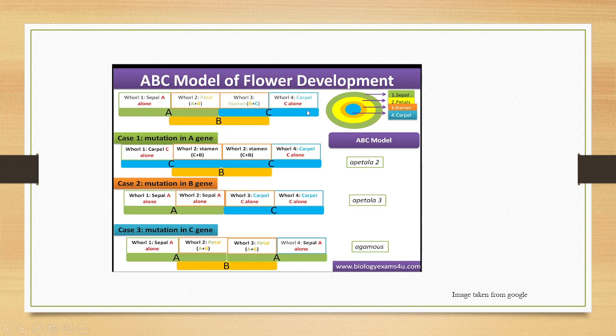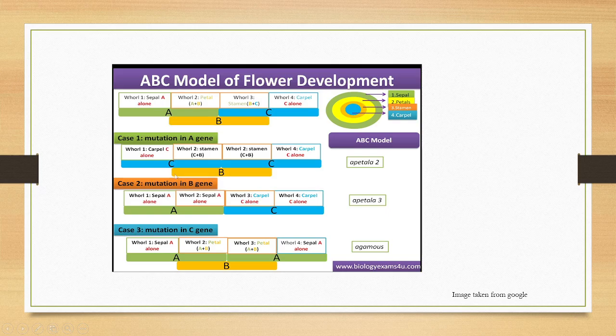So the outside is sepal, then petals, then stamen, then carpel. Sepal is designated by only A, petals by the expression of both A and B, stamen by both B and C, and carpel by only C.